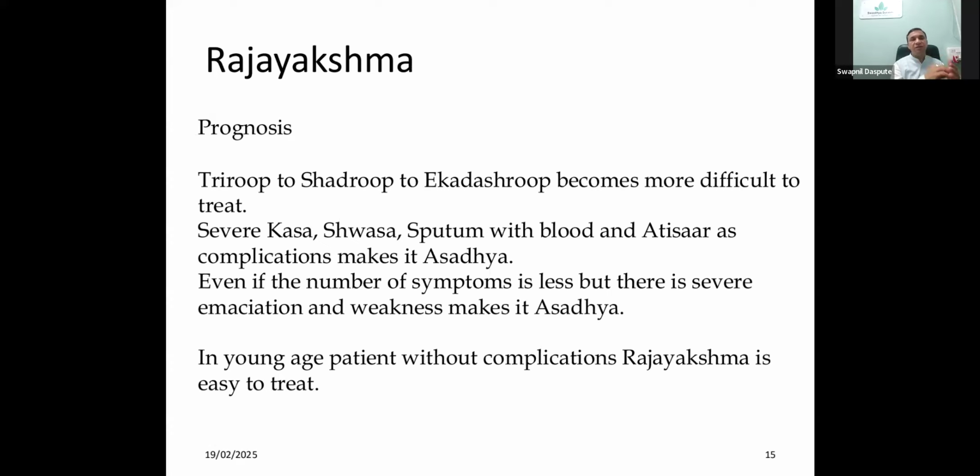So in the last sentence you see, in a young age patient without complications, Rajayakshma is comparatively easy to treat. In this particular disease, there is depletion of all the dhatus. We saw that.